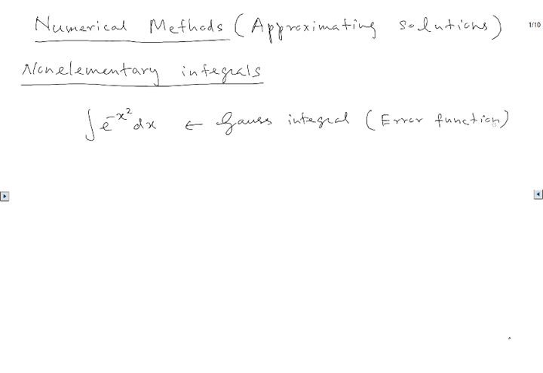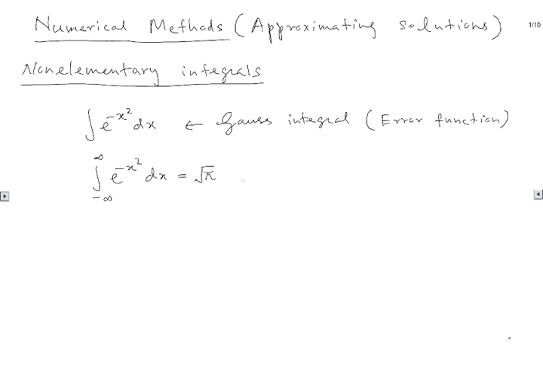But if you want to find the definite integral, for example, from negative infinity to infinity of e to the negative x squared dx, you can integrate it. There are techniques to do that, and once you integrate, you're going to get square root of pi.